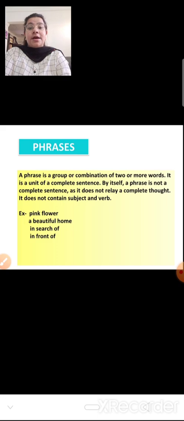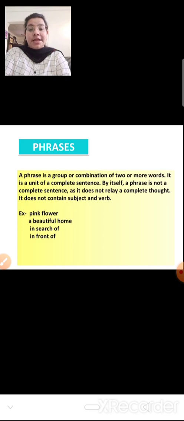Phrases. A phrase is a group or combination of two or more words. That means a phrase is made up of a group of words, a combination of two words or more than two words. It is a unit of a complete sentence. That means a phrase is a part of a sentence.